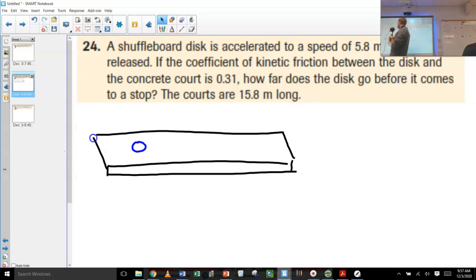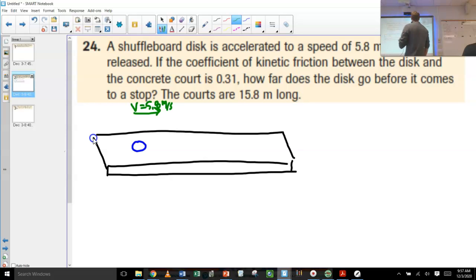But this disc, it's initially going 5.8 meters per second. The coefficient of friction is 0.31. How far does it go before it comes to rest?